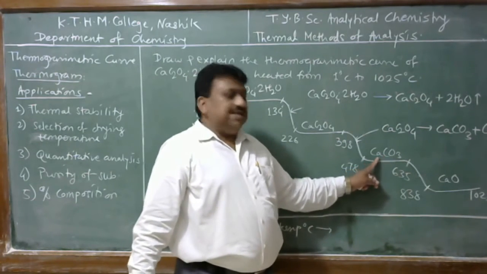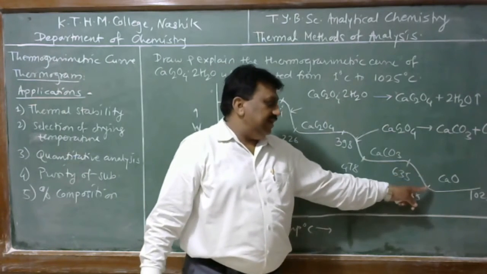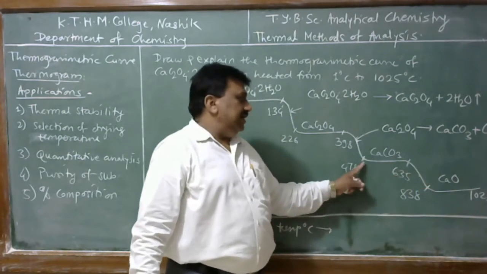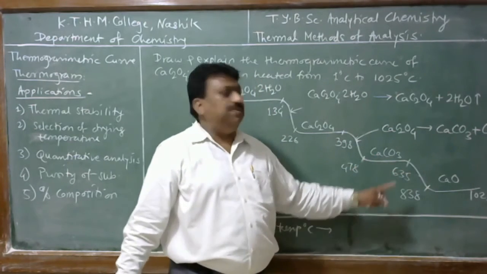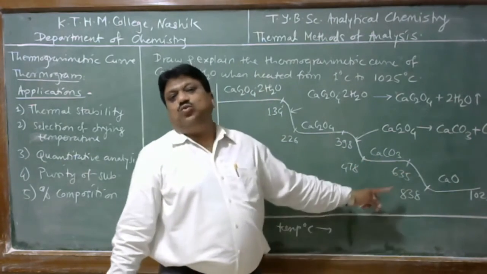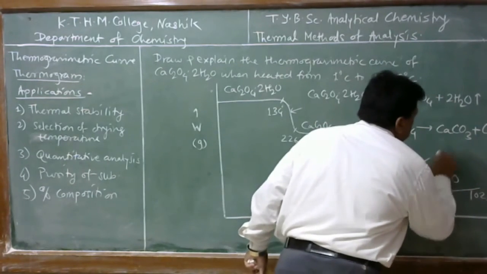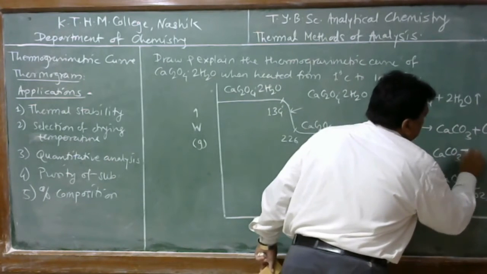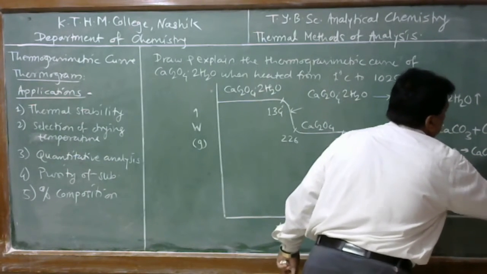This calcium carbonate is further heated. Calcium carbonate is stable at temperature up to 635. At temperature greater than this, calcium carbonate gets converted to calcium oxide plus CO2.